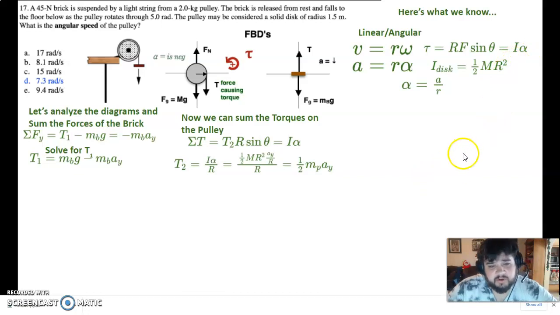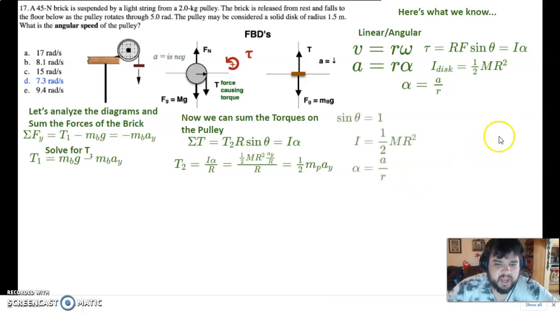Putting this together and re-manipulating the equation, it comes out to be 1/2 times the mass of the pulley times the acceleration in the y direction, which we don't have yet. But to simplify, the sine of theta is just 1, because the angle between these forces is 90 degrees. So the sine of 90 just equals 1.